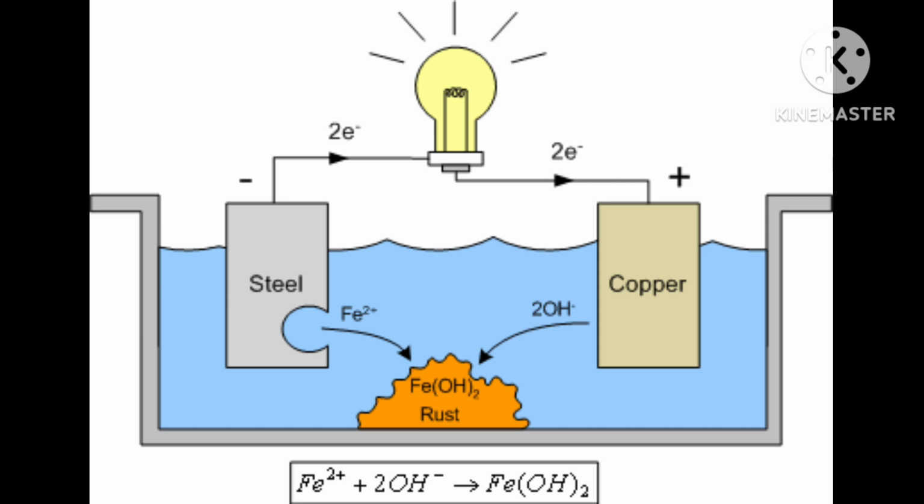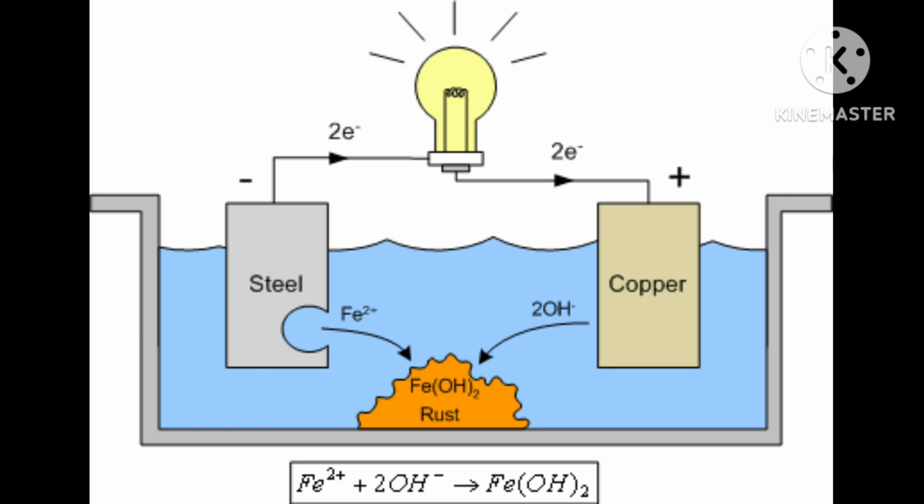Where oxidation is going on, that spot functions as an anode, and where the electron is going to be taken, that spot functions as a cathode, and water or H2CO3, meaning H2O plus CO2, functions as the electrolyte. I told you for a cell always three things are required: anode, cathode and electrolyte.